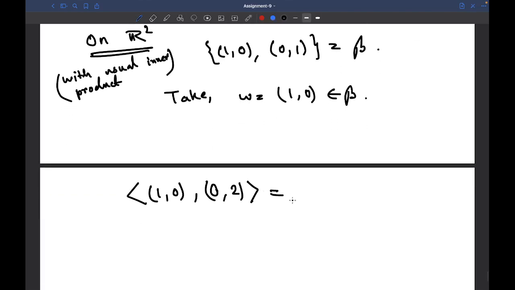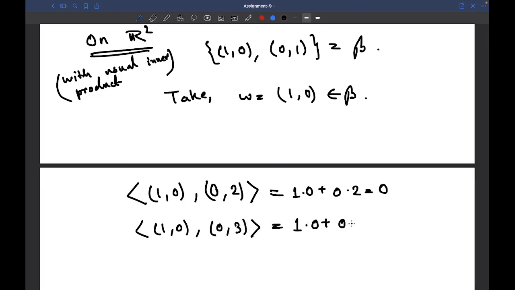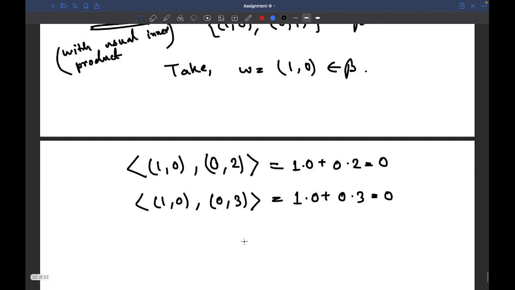This will be 0, right? 1 dot 0 plus 0 dot 2, it is 0. Similarly, (1,0) with (0,3) is again 1 dot 0 plus 0 dot 3. This is again 0.